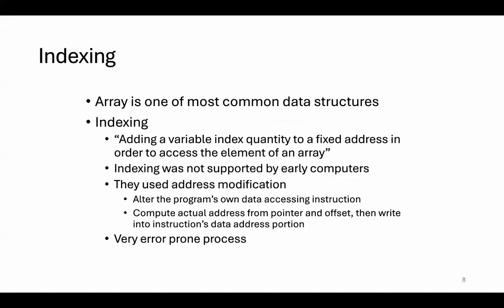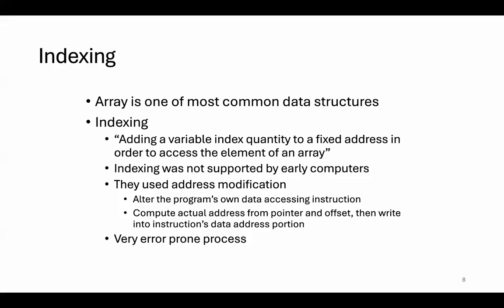Another issue as well that existed in the older machine is indexing. So one of the most common data structures that was used is arrays. And indexing was not available as a feature in the hardware. And how it was done at the time, again, it's more of a simulation done on top of the hardware. So basically, you would add the variable index quantity to a fixed address in order to access the element of an array. And how you would do that, you basically modify the address itself.